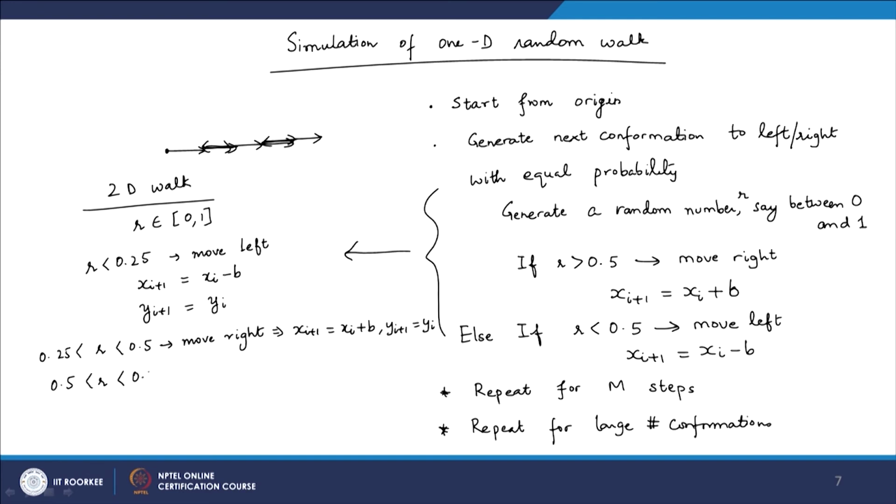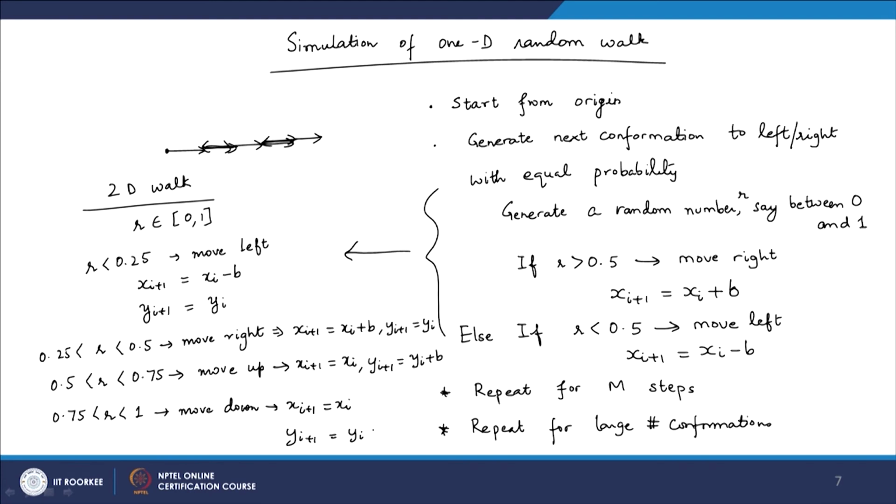Then again, for r between 0.5 and 0.75, we can move up, and then we have x_{i+1} unchanged and y_{i+1} = y_i + b, and then between 0.75 and 1, we can move down, and now x_{i+1} = x_i and y_{i+1} = y_i - b.